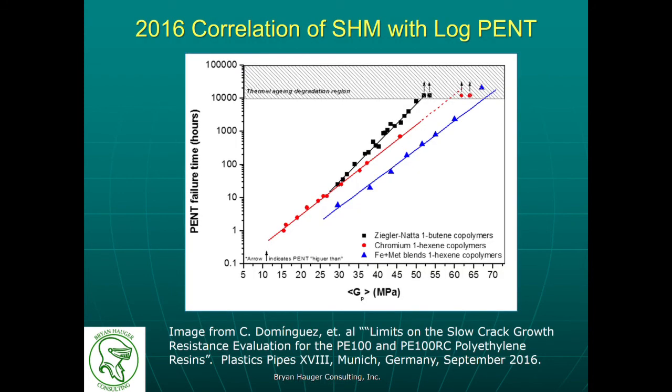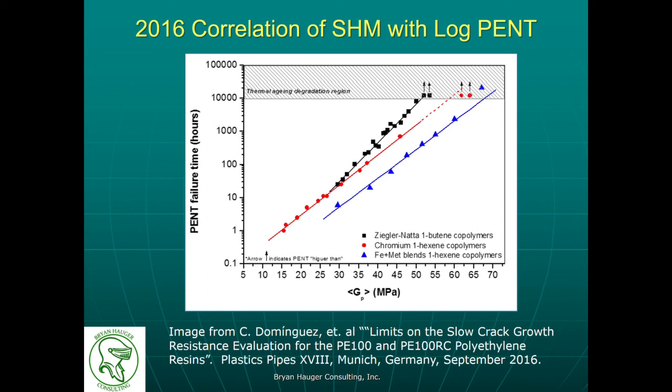In 2016, authors from Rey Juan Carlos University again conducted a study to correlate strain hardening modulus with log PENT. Their figure is reproduced here with log of PENT hours at the left and strain hardening modulus at the bottom. You see that 3 data sets are actually presented, one for Ziegler-Natta, 1-butene copolymers, one for chromium 1-hexene copolymers, and one for a blended system from an iron-based catalyst and a metallocene catalyst.